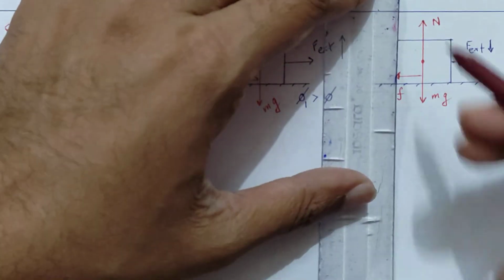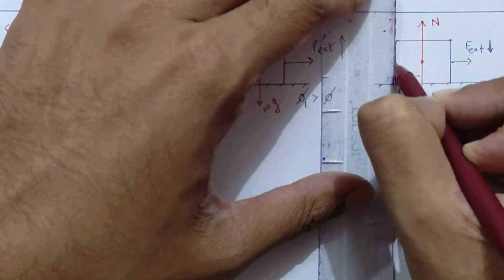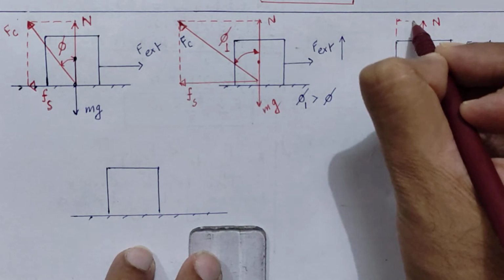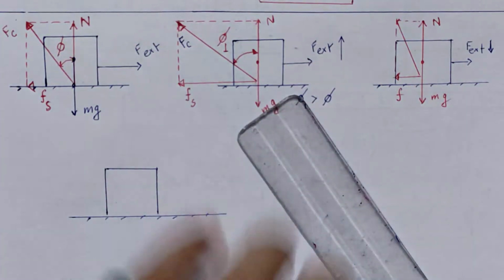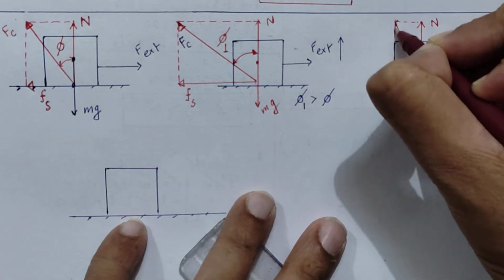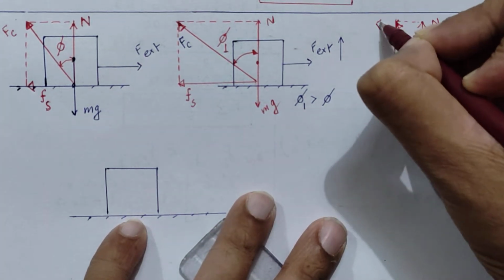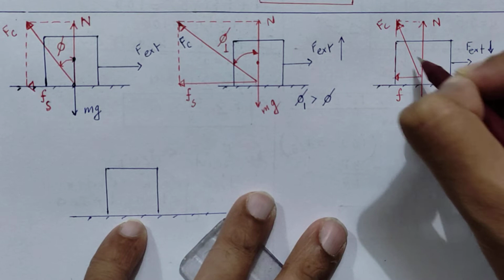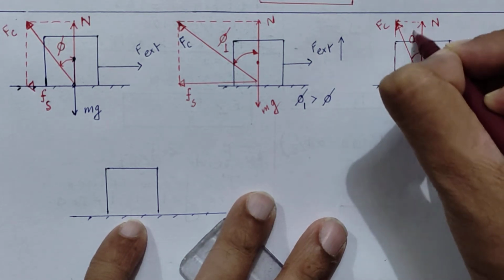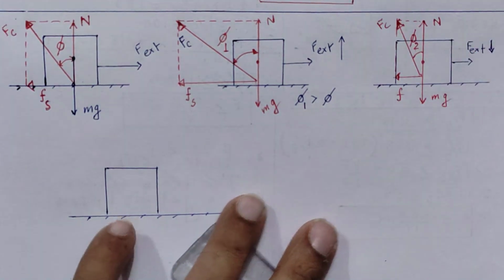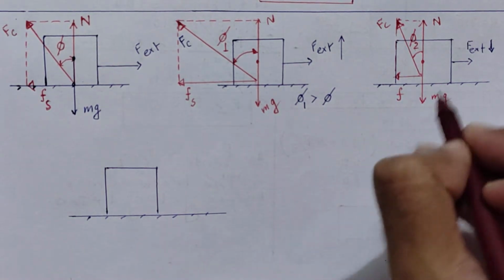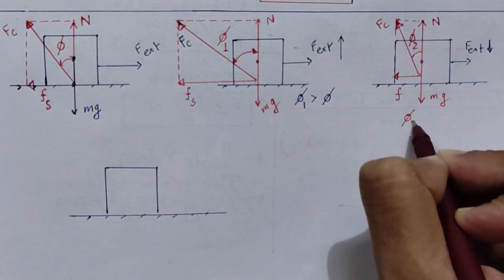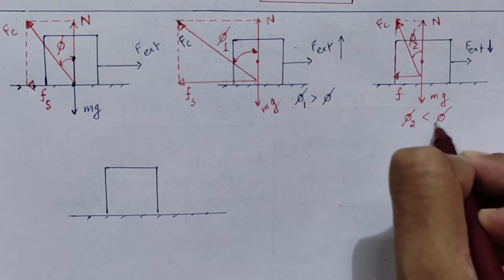So in that case, again I can make a vector parallelogram, and the contact force, which is the resultant, makes an angle phi 2 with normal reaction. So very clearly I can conclude that this phi 2 is less than phi 1.